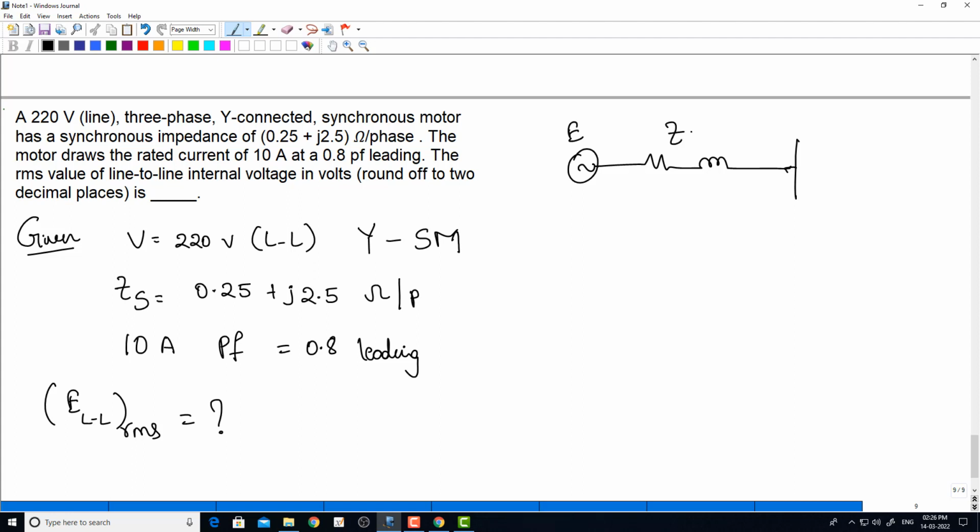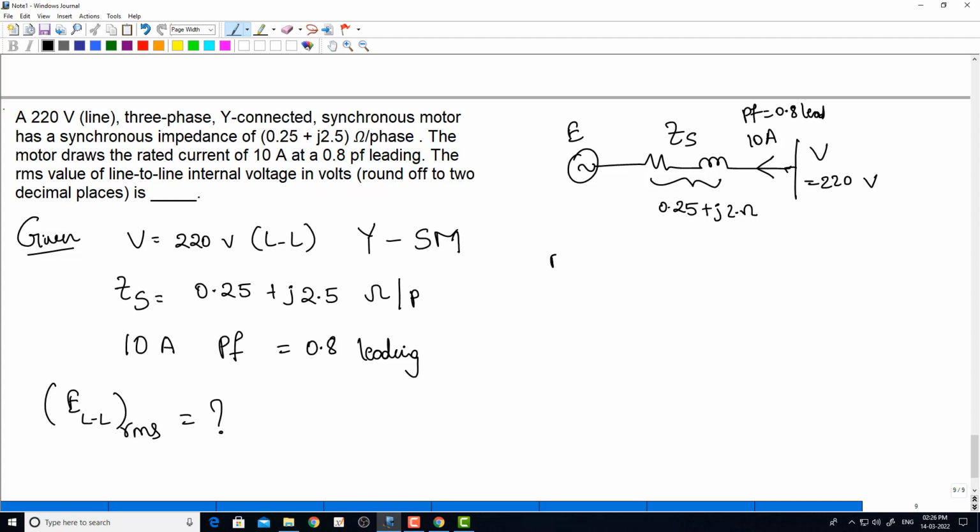This is E, this is ZS and this is the V. This V is how much? 220 volts. This ZS is 0.25 plus j 2.5 ohms and the current drawn is 10 amperes at a power factor 0.8 leading.